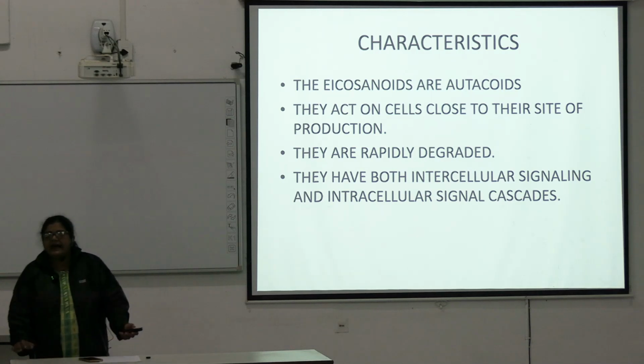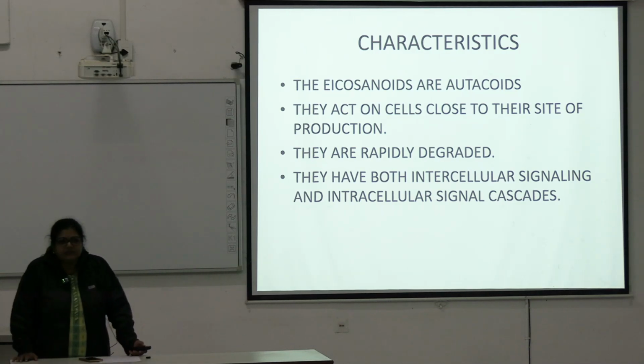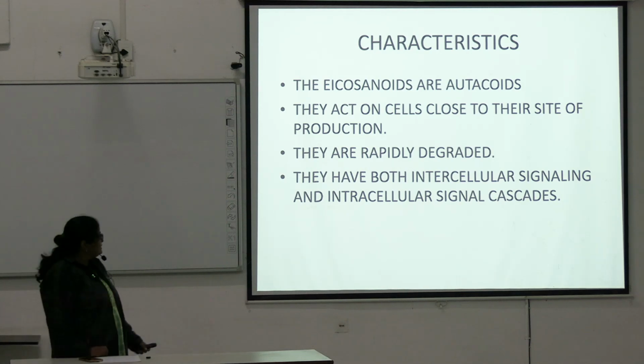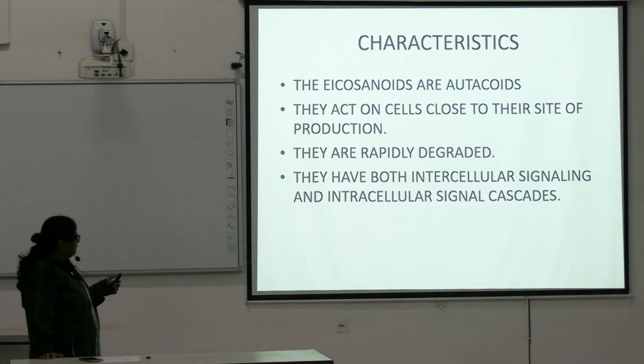Now, some characteristics of eicosanoids. They are autocoids. Autocoids means they act on cells close to their site of production.